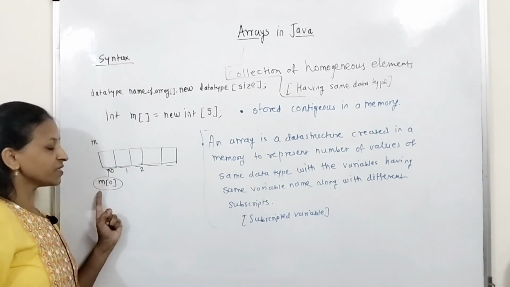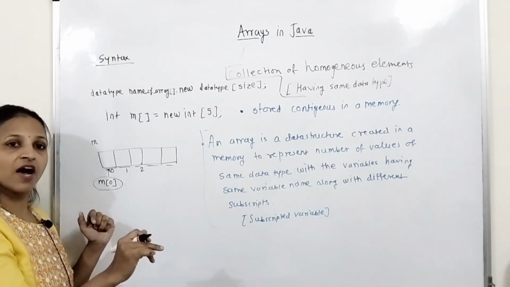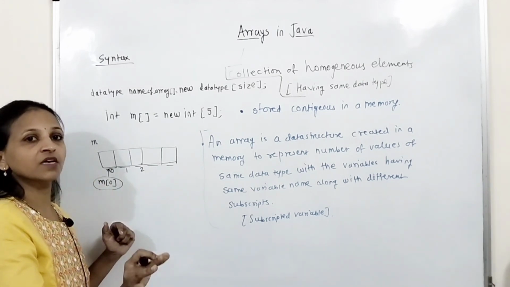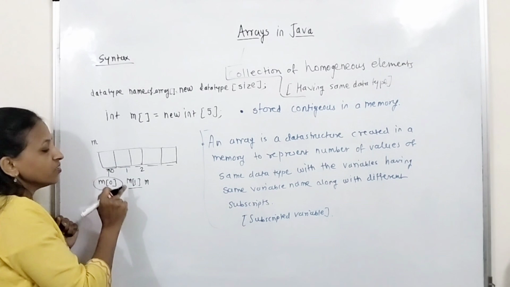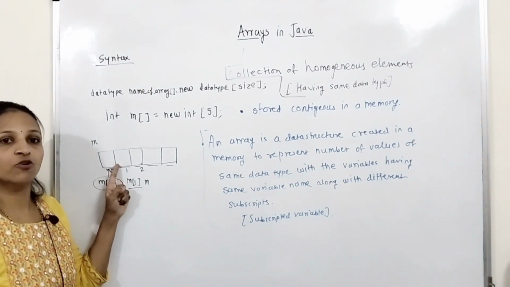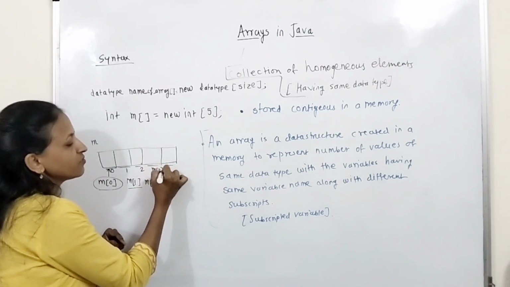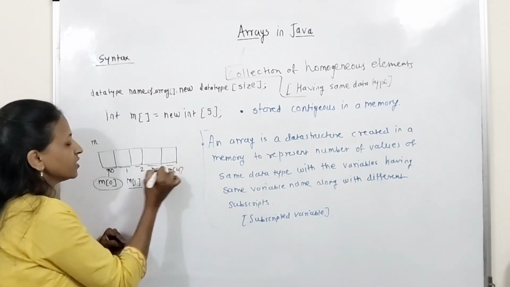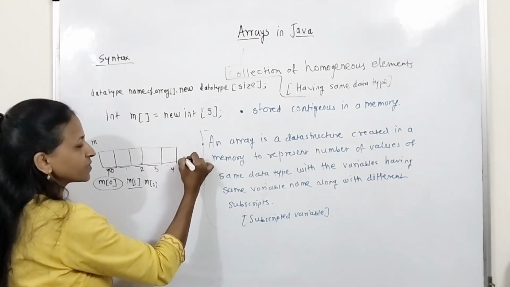Okay, see here m is a name, index starts with 0, the second element's index is 1, index is nothing but subscript. Okay, now using m of 1, this variable we can use to access the second element of the array, then m of 2, then this one is m of 3, this one is m of 4. Getting? These are just indices, or you can say subscripts.